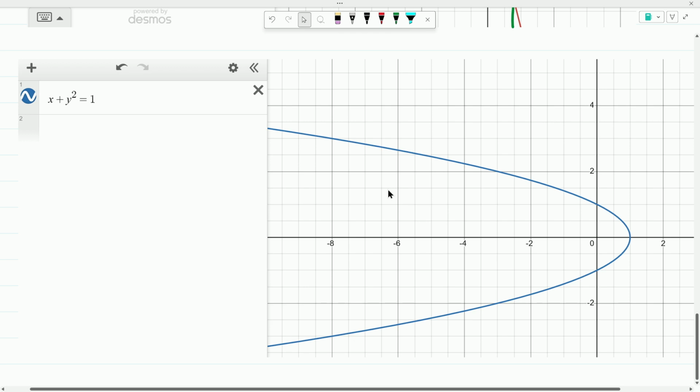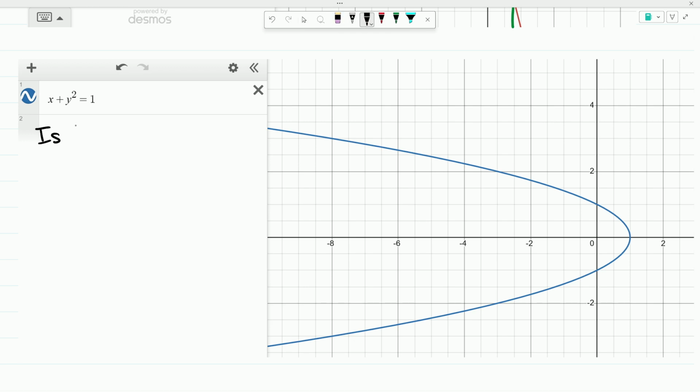There we go. And I'm going to ask the question, is this a function? All right. Now remember, vertical line test. You could draw a vertical line, and if you hit the graph once, it is a function.